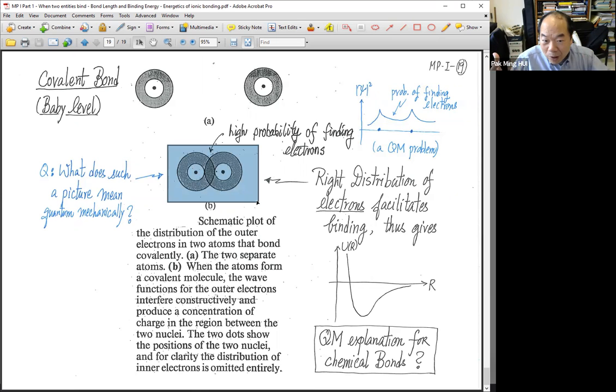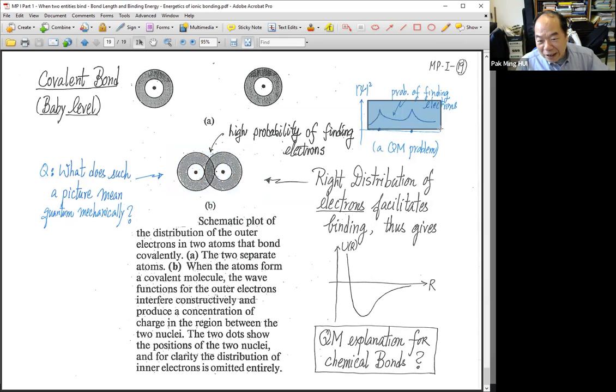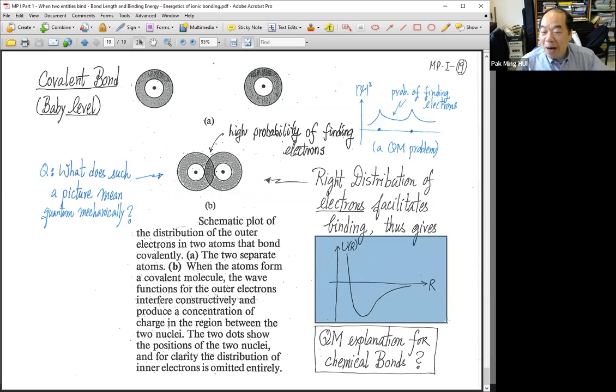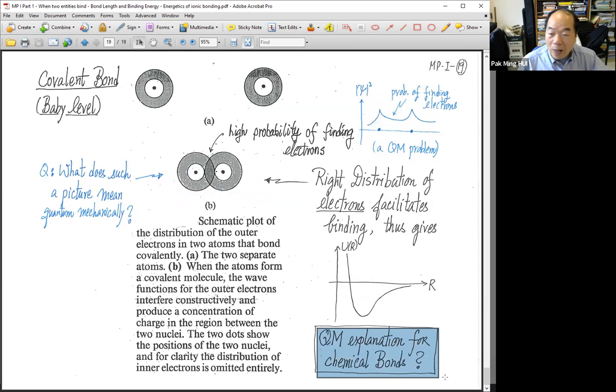How to set it up, how to analyze it, and how to at least qualitatively understand, at the end, that you have the wave function, something like this, and it will form a curve typical of binding. That is to say, we want a quantum mechanical explanation for covalent bonds. That will be the topic of the second part. All right, so let's take a break now.